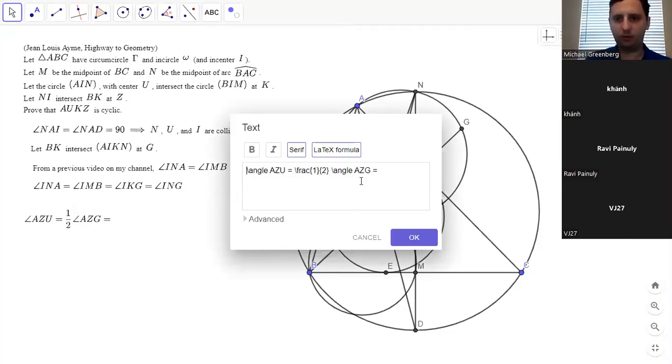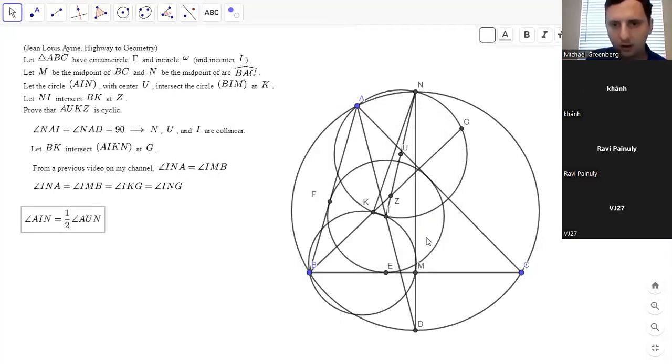So angle AIN is equal to angle AUN, which is half of angle GUN, which is half of angle, which is angle AKG.